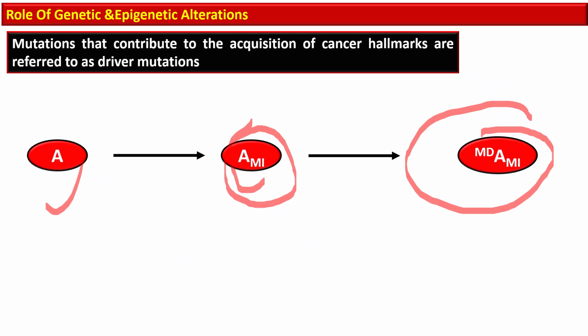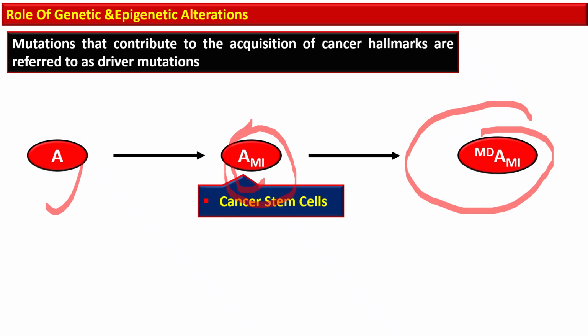Cancer develops in a stepwise cumulative manner, and the timing of these mutation accumulations may be even decades. For example, in childhood acute lymphoblastic leukemia, initiating mutations may exist long before the clinical disease appears.